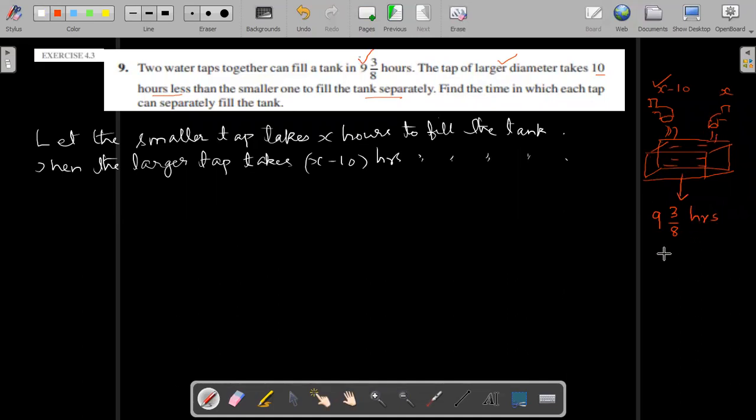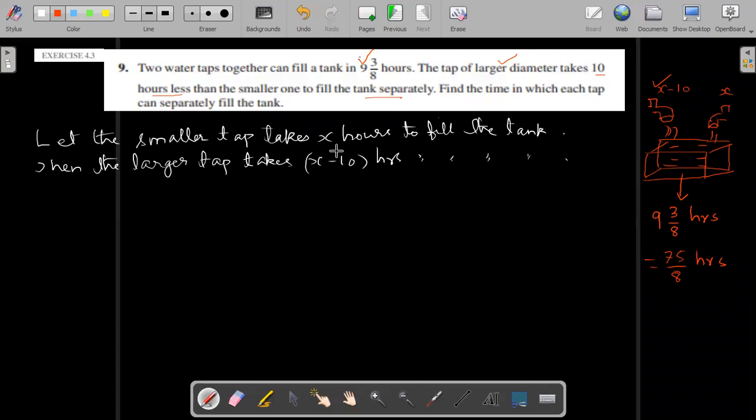And if this expression is converted into an improper fraction, 8 9s are 72 plus 3, 75 by 8 hours is the time if they both fill. But now we will find in 1 hour.